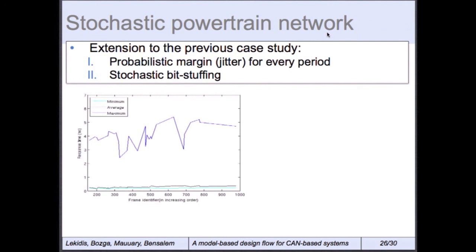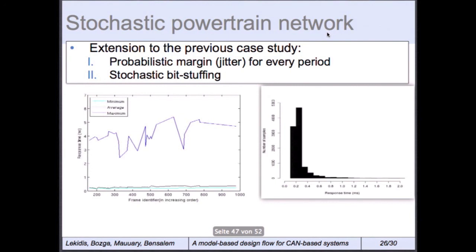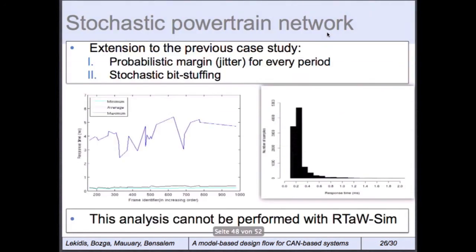If I focus on one of these messages, I will see that it has a probabilistic distribution which can be used for analysis, and I will also use it for verification of the system. I described before that the real-time simulator is a powerful simulator with a lot of analysis, but this analysis cannot be performed using it.